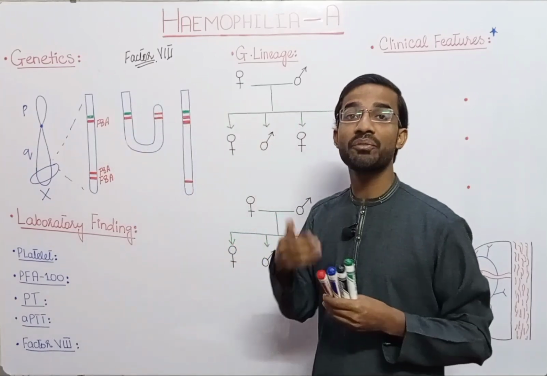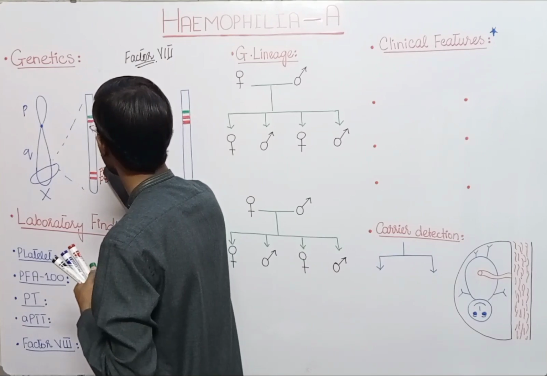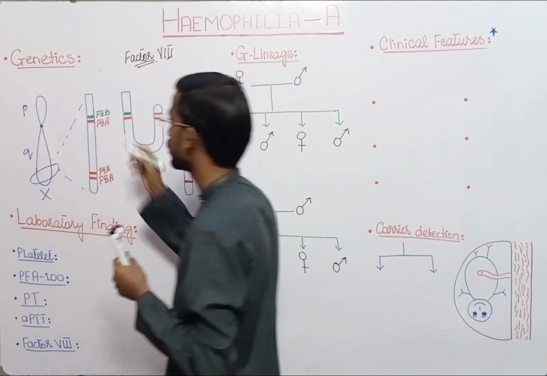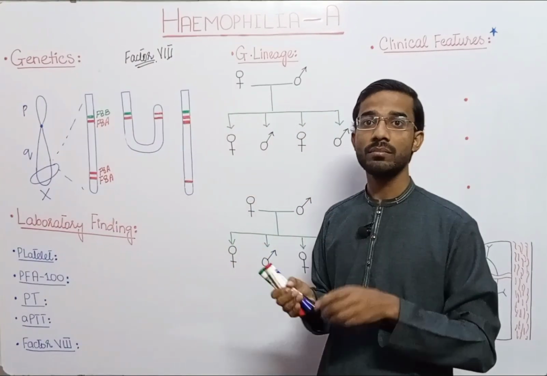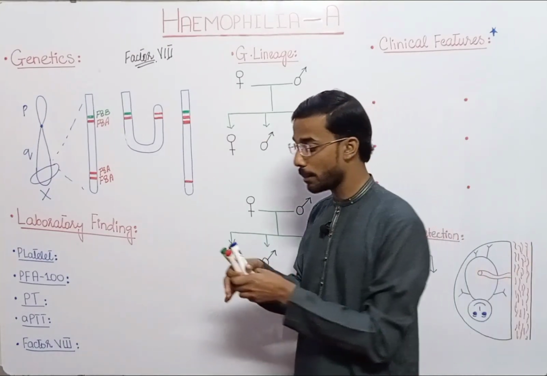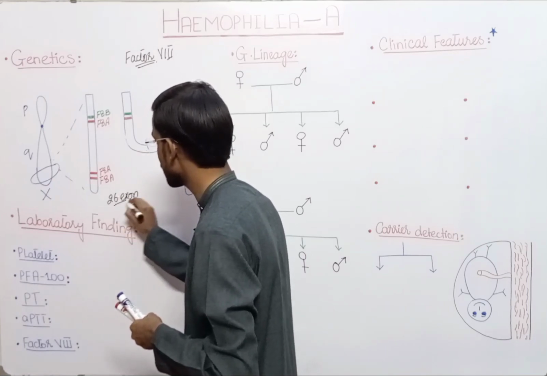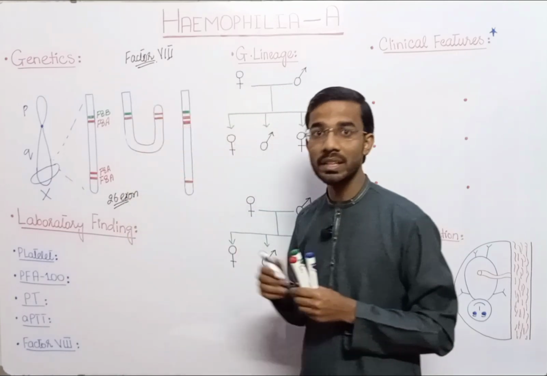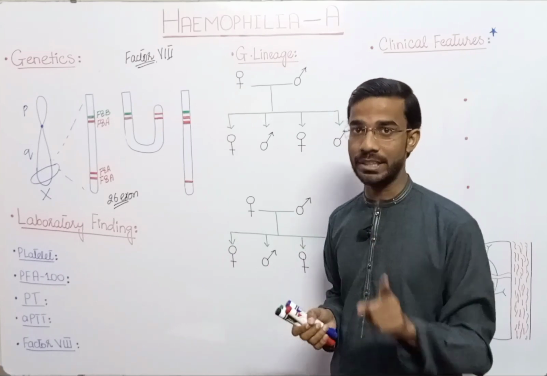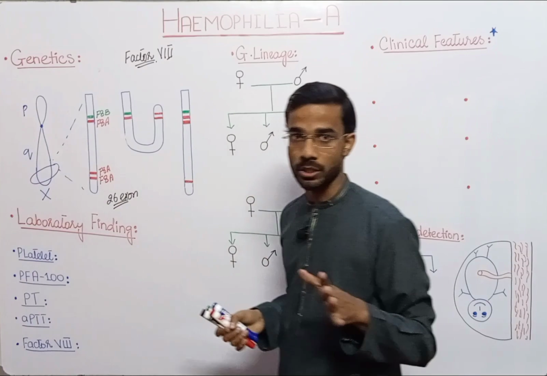These are basically different copies, and here you can see this is the factor 8B. This is the factor 8 gene, a long gene, and approximately 26 exons exist within the factor 8 gene. This is the normal conformation.